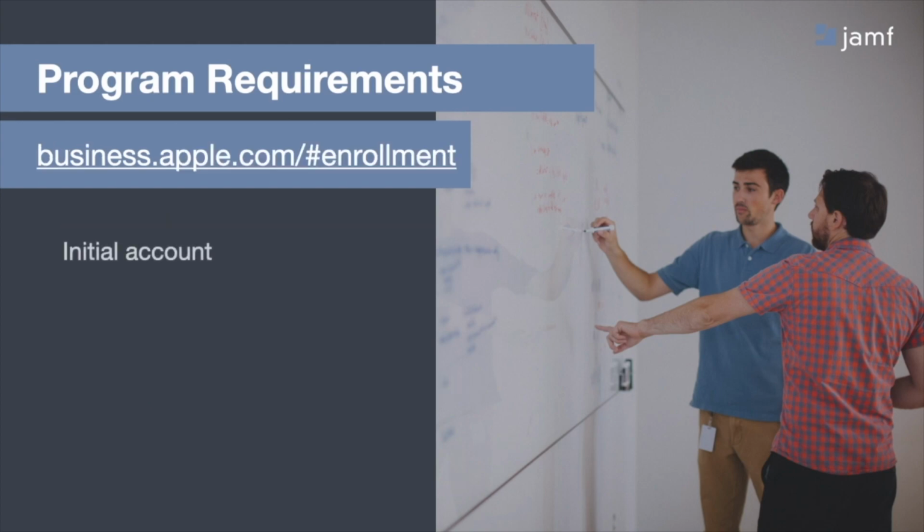When you're going through the enrollment process for the first time, it's going to ask you for 3 buckets of information: initial account, verification contact, and organization details. The initial account is you. It's the person that is getting access into the account for the first time. Now, this needs to be a real person, no alias name, if you will, no IT coordinator or iPad deployment.